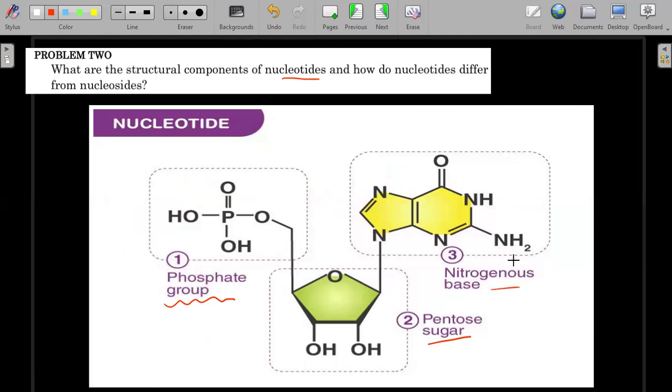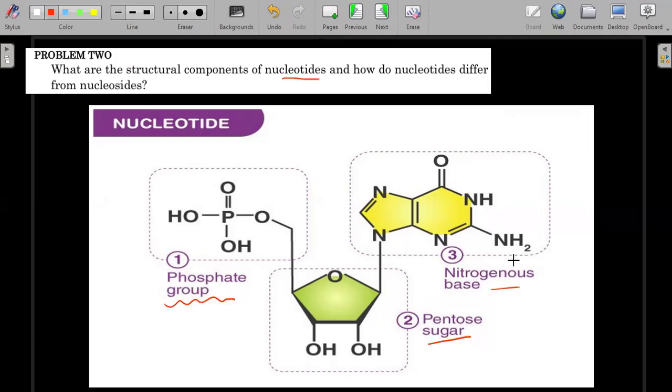The phosphate group can be one or more phosphate groups attached to the 5' carbon of the sugar.